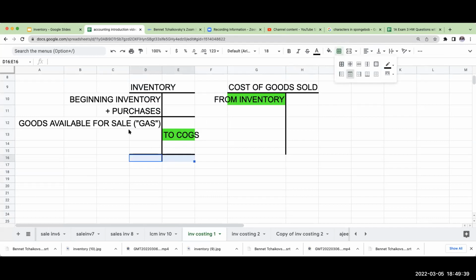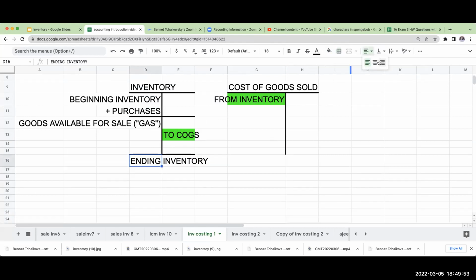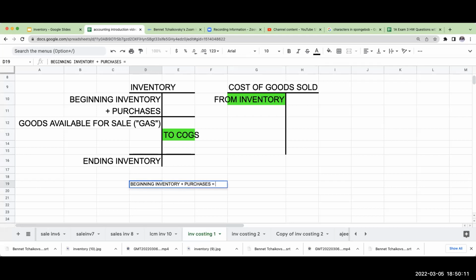Now, when I take my goods available for sale and subtract my cost of goods sold, this is going to give me my ending inventory. And this is where we get to a very important point. Writing this out as an equation, my beginning inventory plus my purchases gives me my goods available for sale, or GAS.